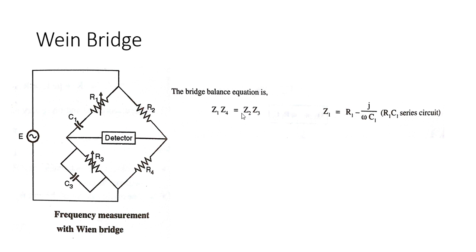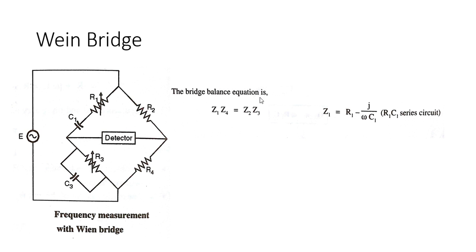Now suppose I take Z2 to one side. Then we get Z1 Z4 divided by Z3. Again, I am repeating, we have to calculate in terms of Z2, so you get the term Z1 into Z4 divided by Z3. So 1 upon Z3 should be replaced by Y3.